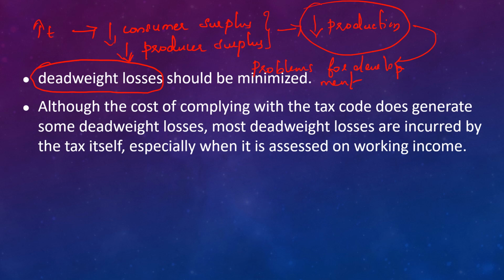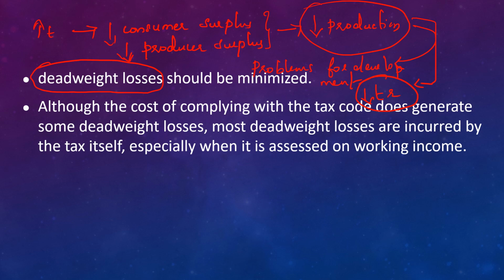Isn't it? So whenever production comes down, this will be reducing the tax revenue for the government. How is it reducing the tax revenue for the government? Because production has come down, so the government will not be able to impose a tax on the production, which is not happening. So that will reduce the tax revenue for the government as well.